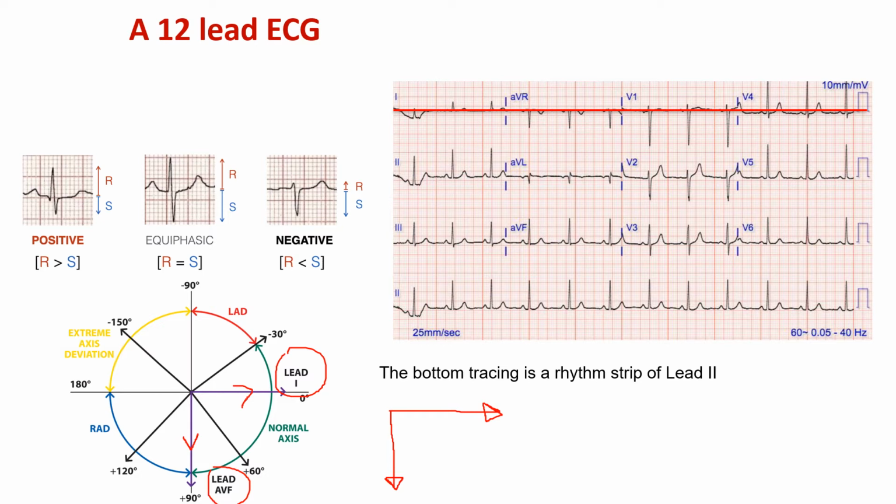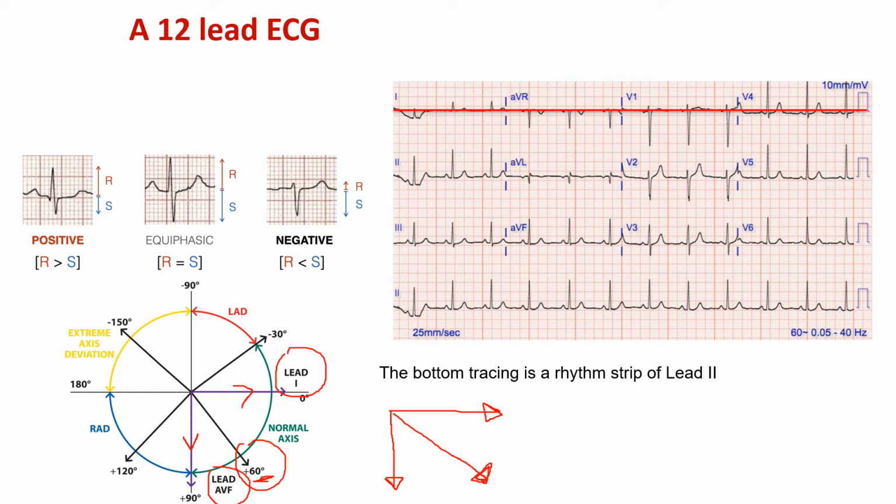For you to figure out the mean of these vectors, we draw in between, and that would be your mean electrical vector right here. As you can see, the mean electrical vector is usually around here. Now it doesn't always have to be 60 degrees.